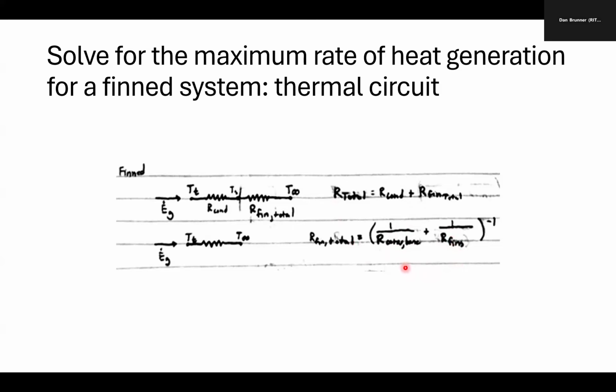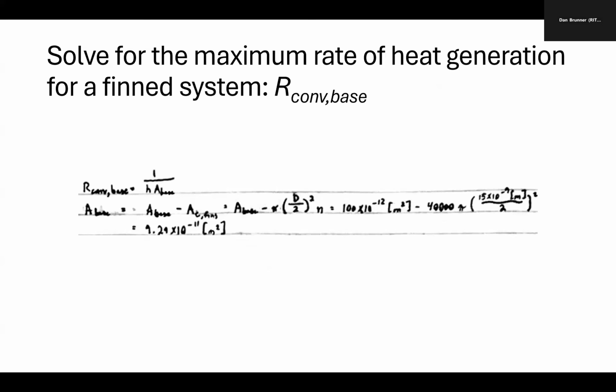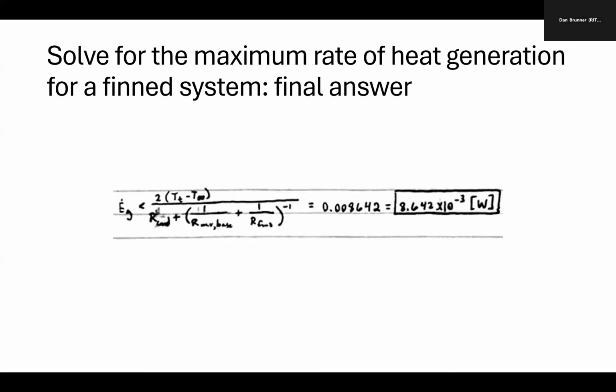So now we have everything we need to solve for the total thermal resistance. And then if we have the total thermal resistance, we can solve for the maximum rate of heat generation. So if we go ahead and do that, we can plug in all the numbers that we just calculated.